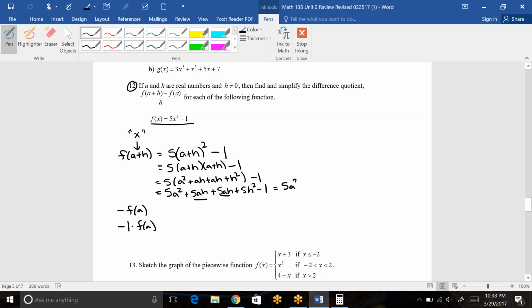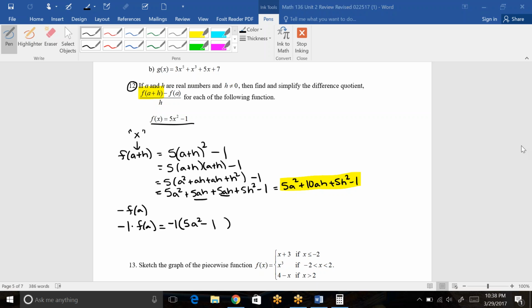So it looks like this one ends up being 5a squared plus 10ah plus 5h squared minus 1. So that right there is just that top portion, the first piece. So then I do negative f of a, which is -1 times f of a. So you go back to your function and you write a -1 and then a parentheses, and then you write this function, and instead of x, they want us to change it to an a.